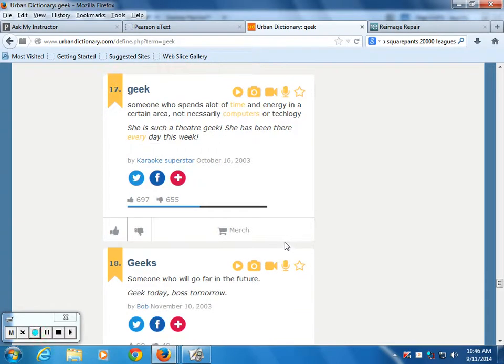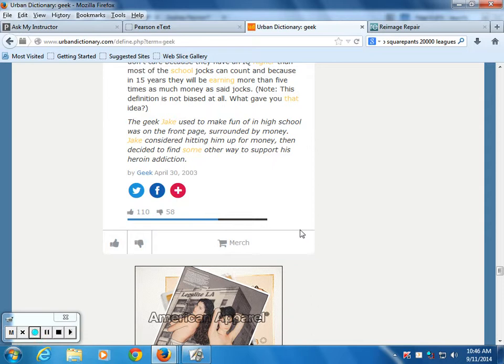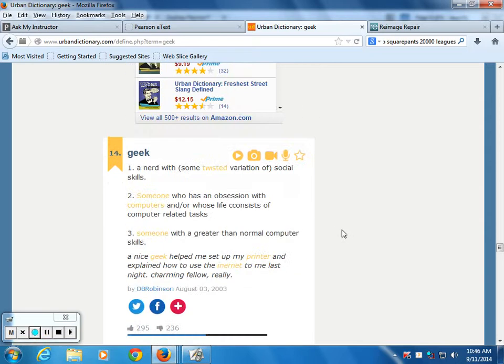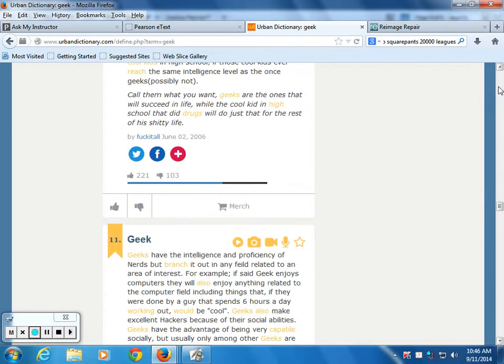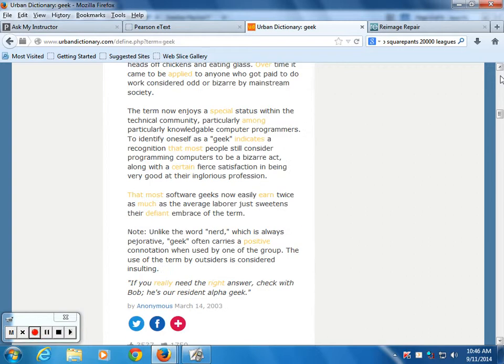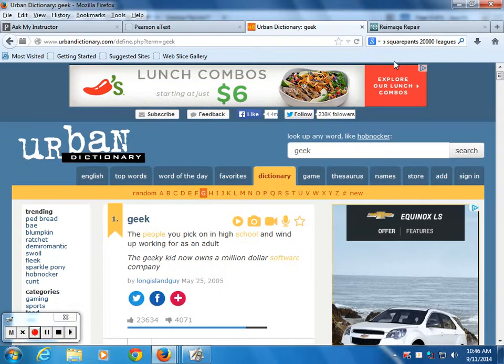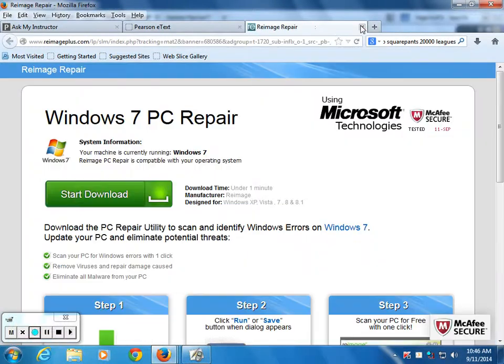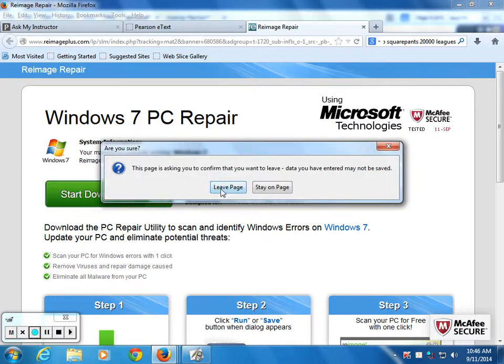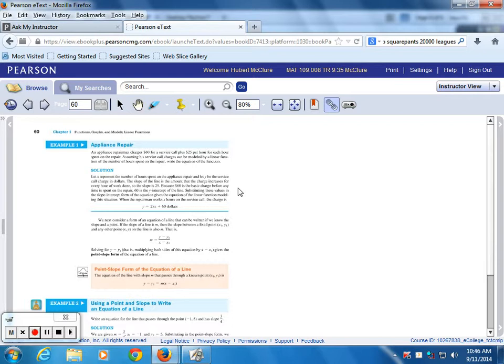I typed in gig and the search bar says type in a word like blank, and I clicked on it, and that was what it was. Oh, I thought it was under Geek. Yeah, don't type in Slappy Pappy. I ain't doing that again. I did it in front of the whole class, and I couldn't get it off there quick enough.